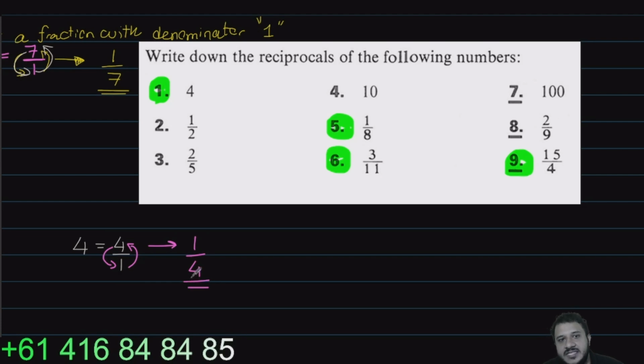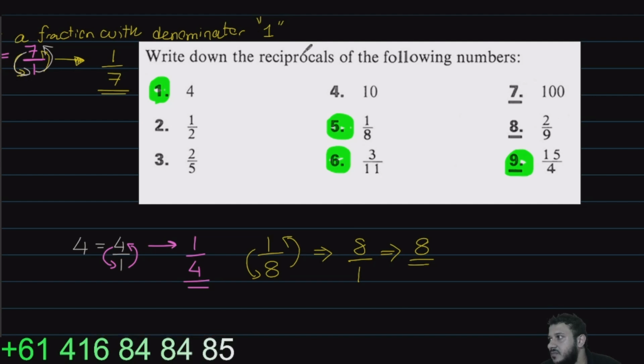Quickly write down the correct steps with me, everybody. 1 over 8, I can make it upside down again, straight away reciprocal it. And that will give me 8 over 1. But remember, anything over 1 is itself. So it will be just 8. 8 is the answer.